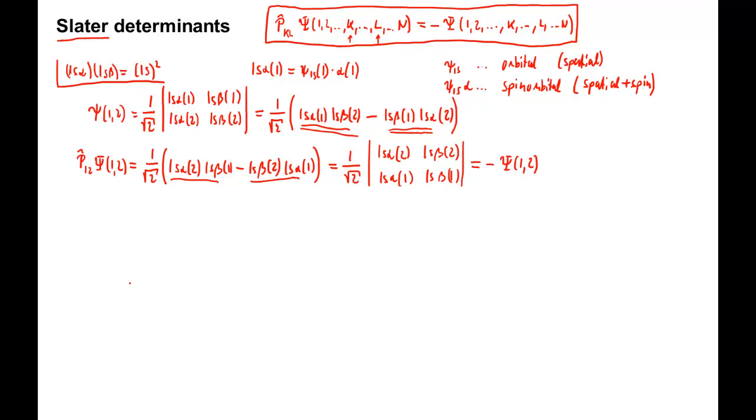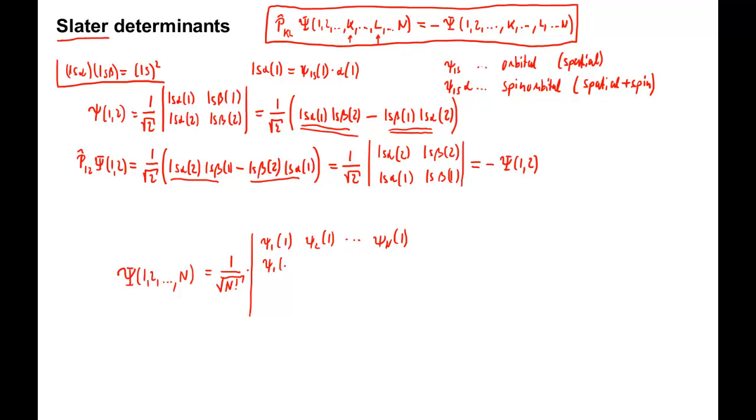Let's write down the Slater determinant for a general wave function for n electrons. Uppercase psi of 1, 2, and so on all the way up to n equals 1 over the square root of n factorial, this is the normalization constant, times the determinant of psi 1 of 1, psi 2 of 1, all the way up to psi n of 1 in the first row.